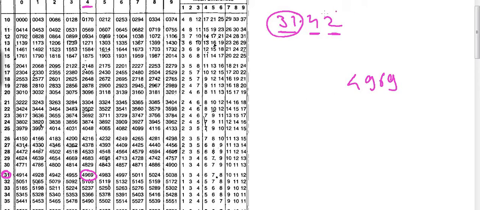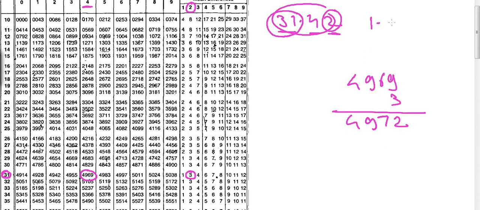The mean difference is for the last digit, that is 2. So take the mean difference of 2. The intersection with the 31 row is 3. So the mean difference is 3. Let us add it, so 4972. Now let us write the log of 31.42 as 1.4972.